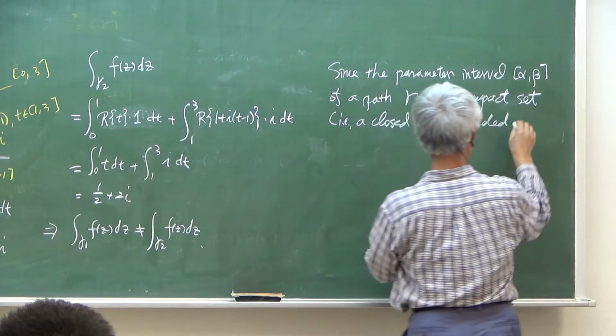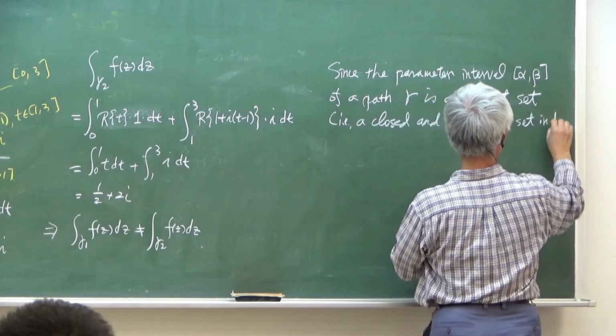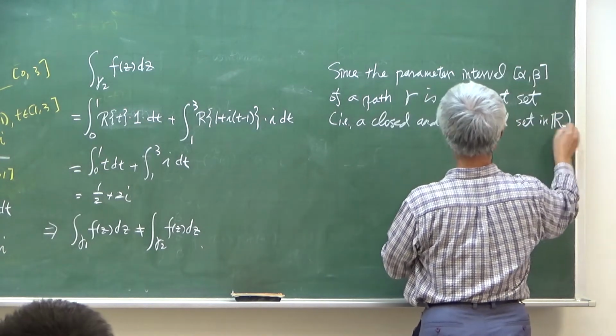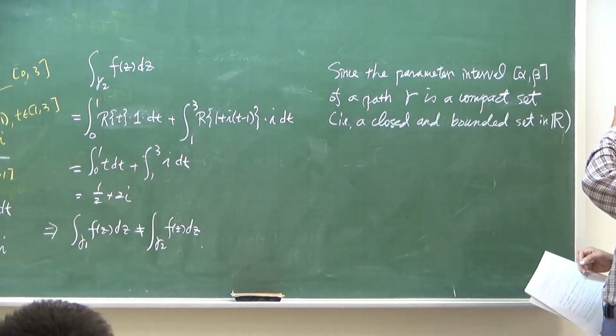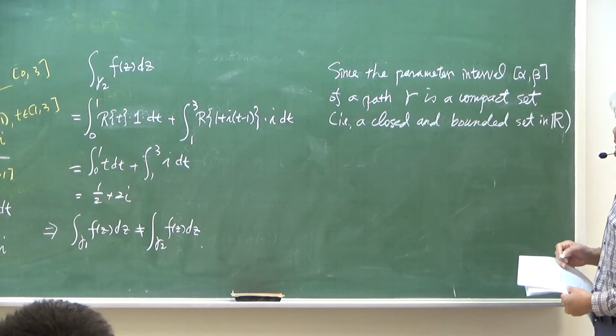So any closed and bounded set in R is called a compact set.